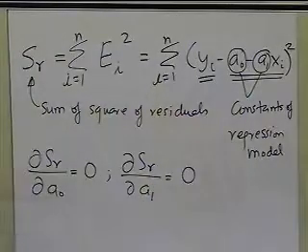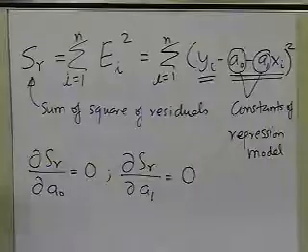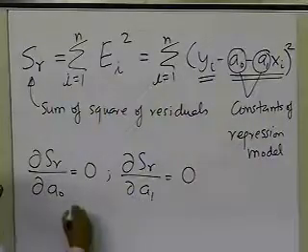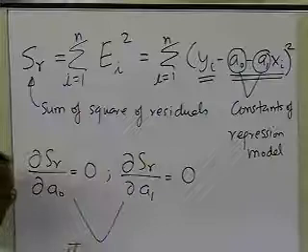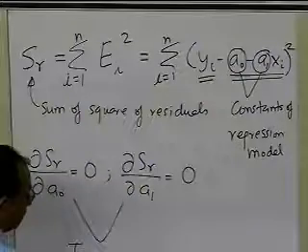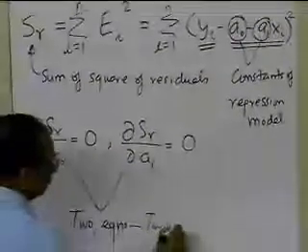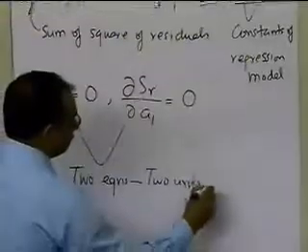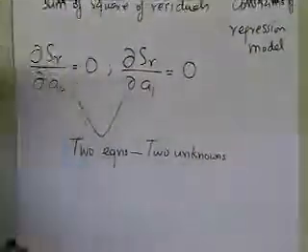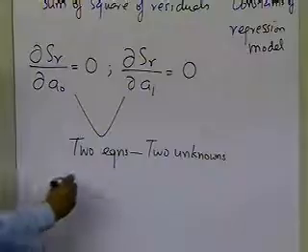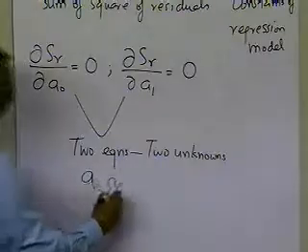Once I put those equal to 0, I'll get two equations and two unknowns, and I'll be able to find what a0 and a1 are.